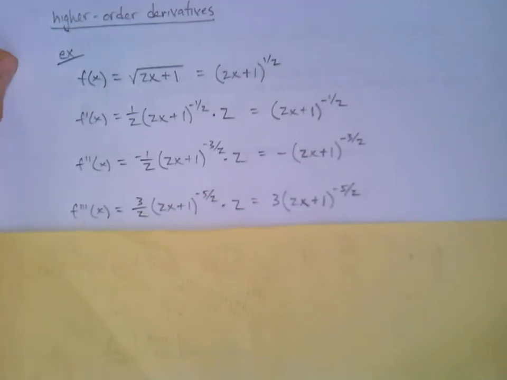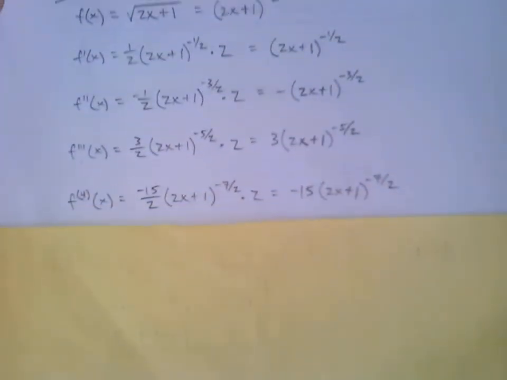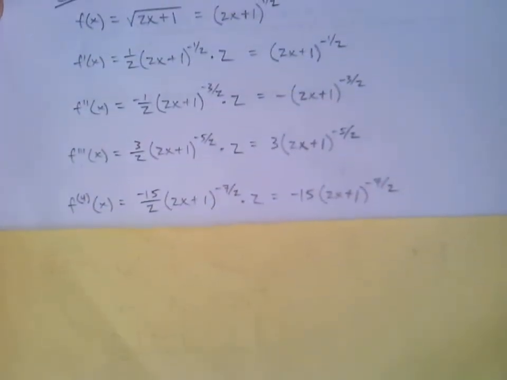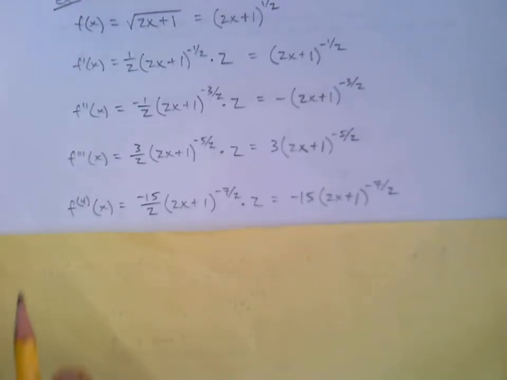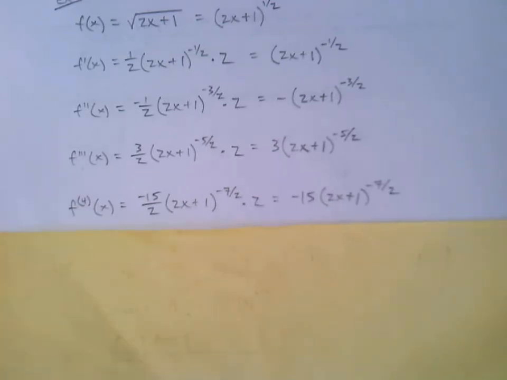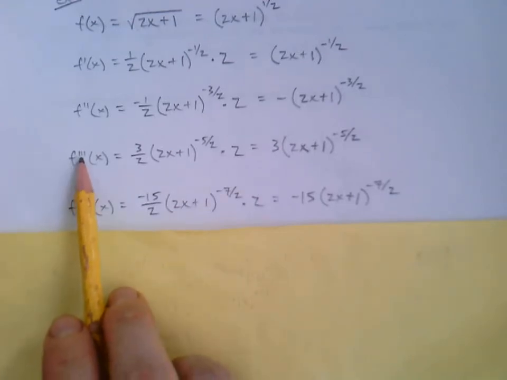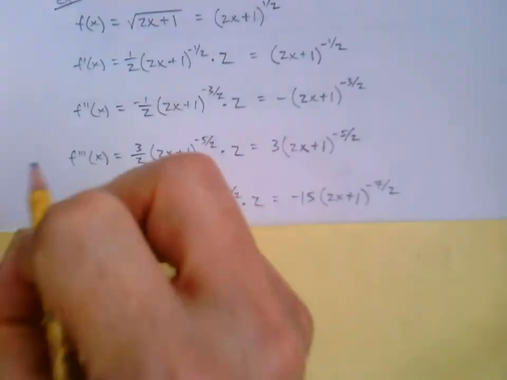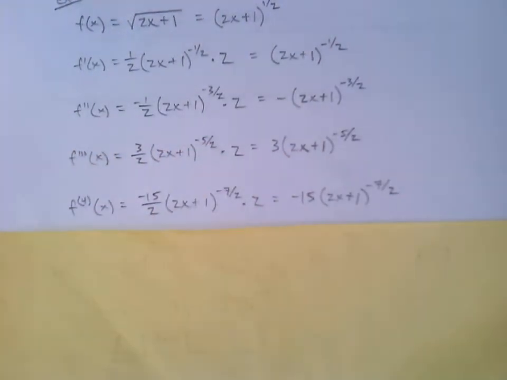Let's go one more, a fourth derivative. And you notice when we take the fourth derivative, we no longer write 4 prime marks. I think everybody agreed at some point that 3 is about as much as the eye can distinguish. Once you get to 4, it starts getting difficult.